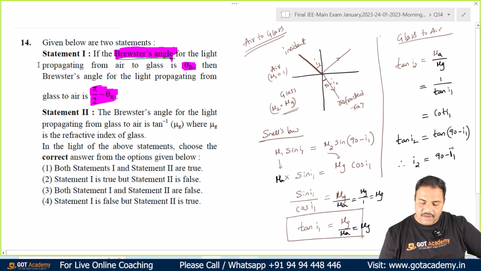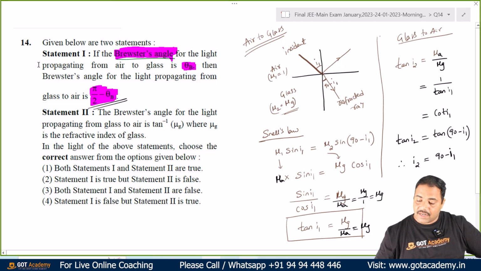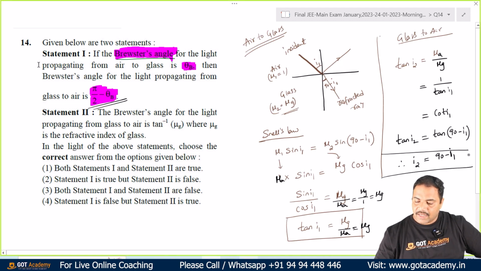That is what was written in the second place, 90 minus I1.